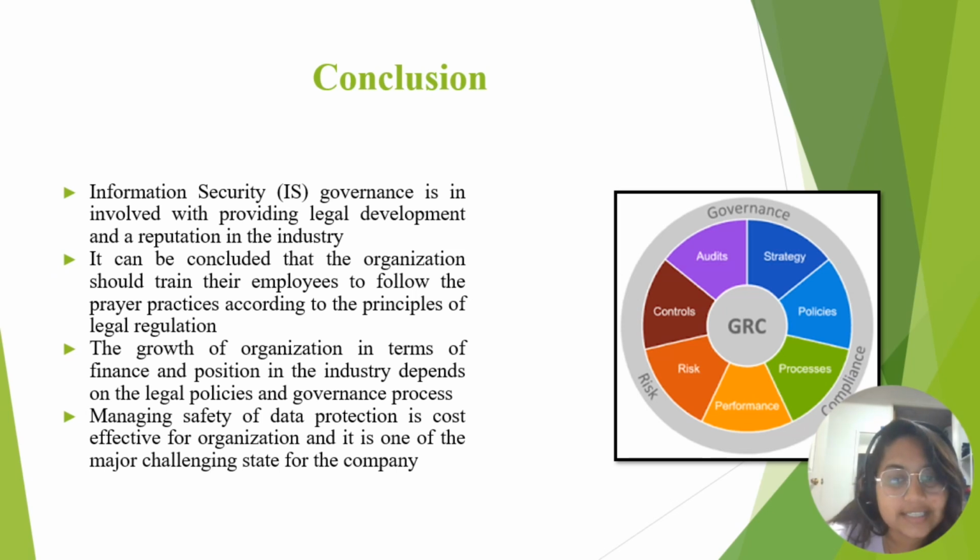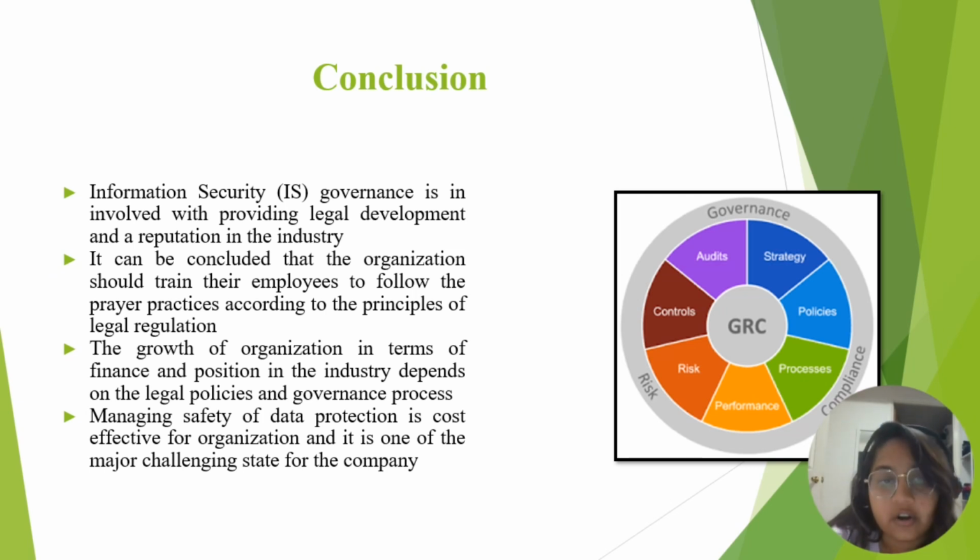So, after considering different points, we have finally come to the conclusion, which is as follows. Let's discuss the conclusion in this slide. Information system IS governance is involved with providing legal development and a reputation in the industry. It can be concluded that the organization should train their employees to follow the best practices according to the principles of legal regulation.